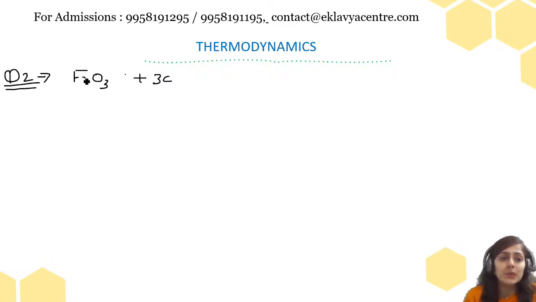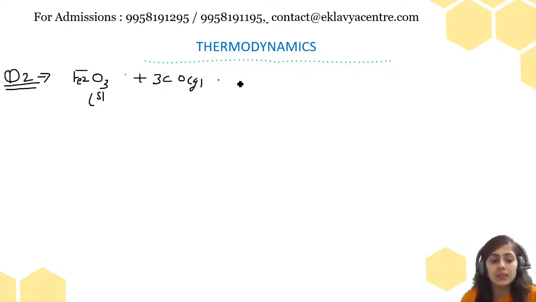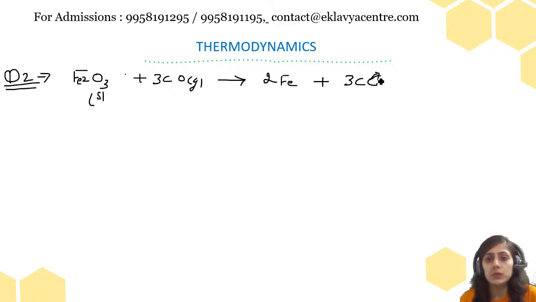So it's Fe2O3, and we know that it's solid, it's understood. 3CO gas will give you twice of Fe plus 3CO2. This is gas, this is solid, and suppose this is equation 1, and the value of delta H is equal to minus 26 kilojoule.